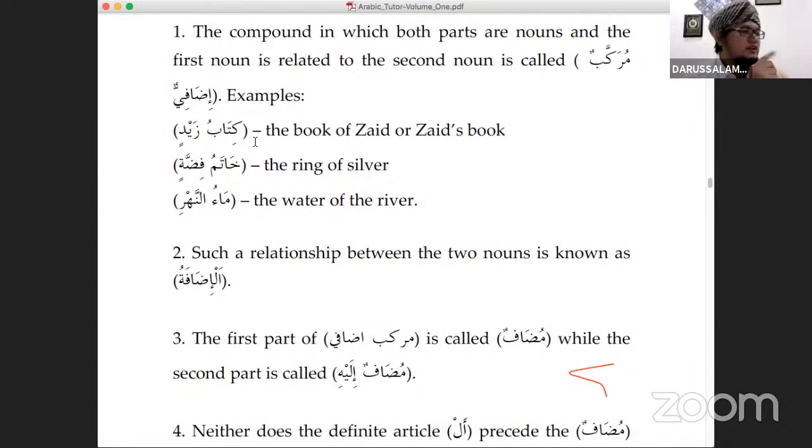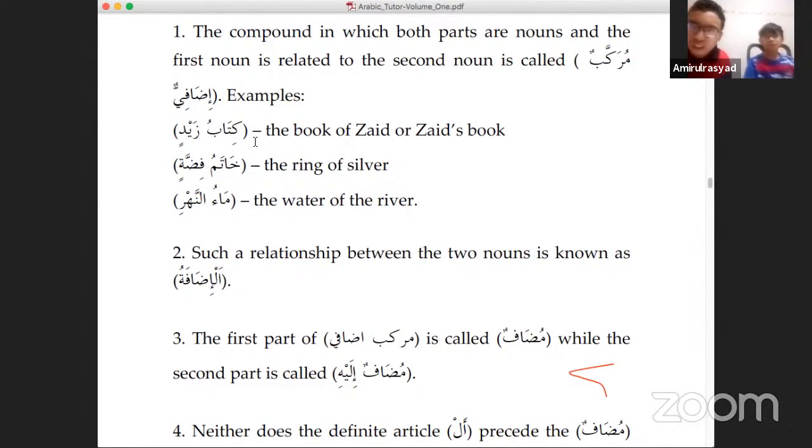You understand? So the first rule that you must remember about murakkab idafi is that the mudaf cannot have al and cannot have a tanween. Understand? Okay.